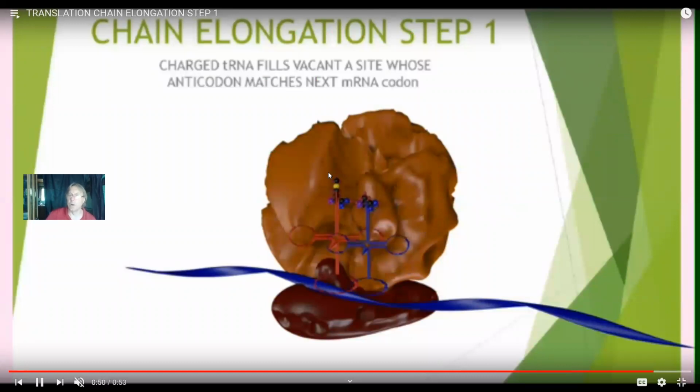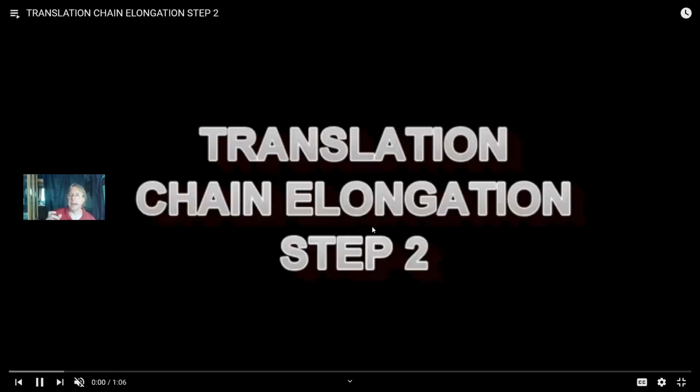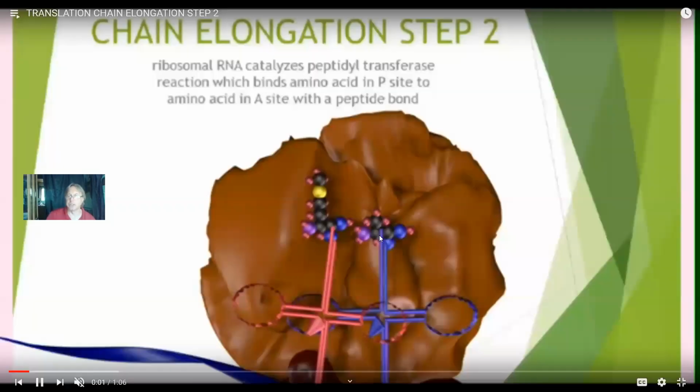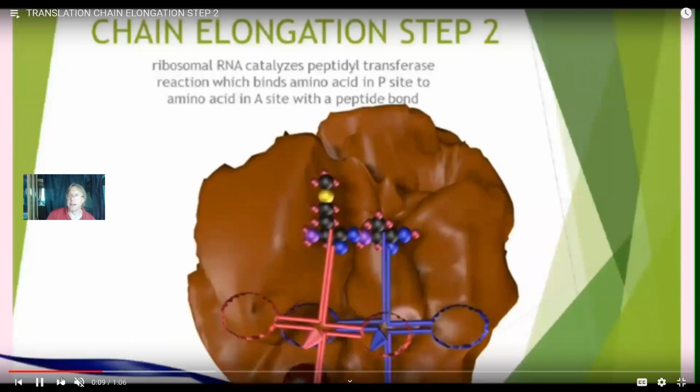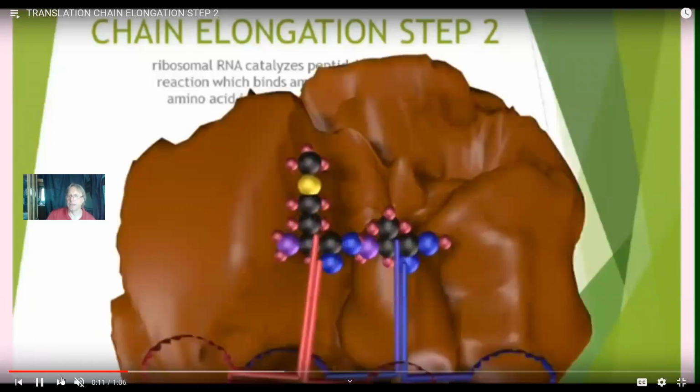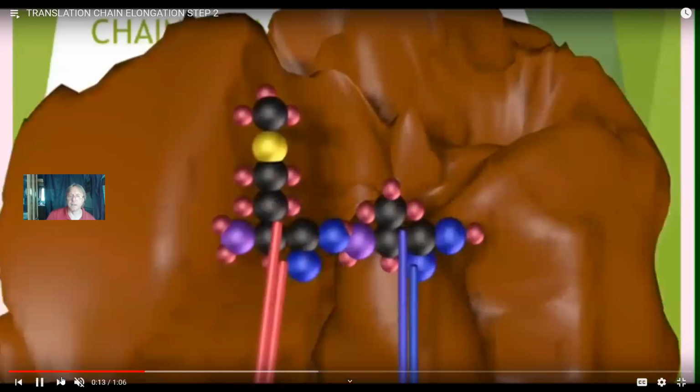The RNA says, hey, bring this amino acid first, and so that amino acid is brought first. The RNA codon then instructs the cell, bring this amino acid here second. That amino acid is brought there second. The two amino acids are stuck together, all right, starting to form the beginnings of a chain, all right?